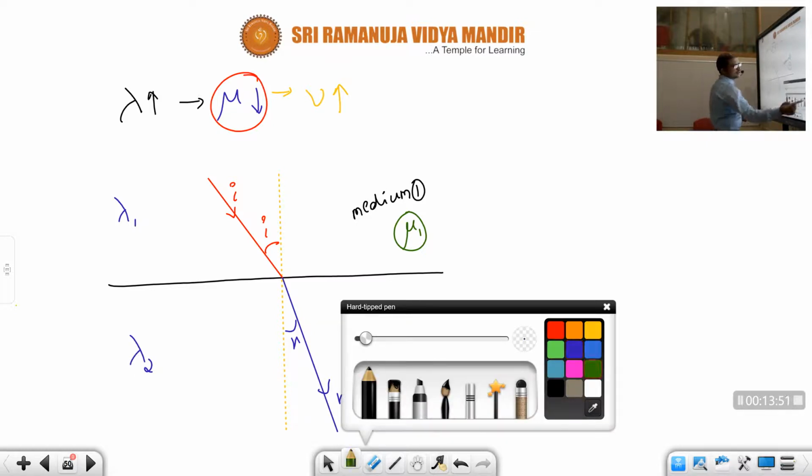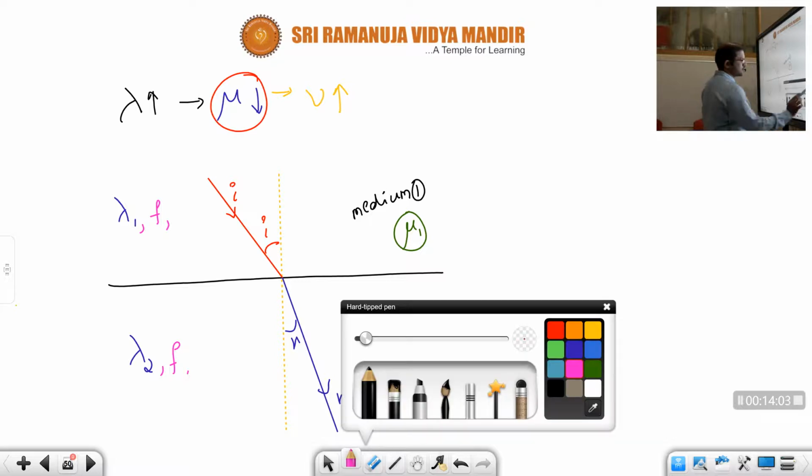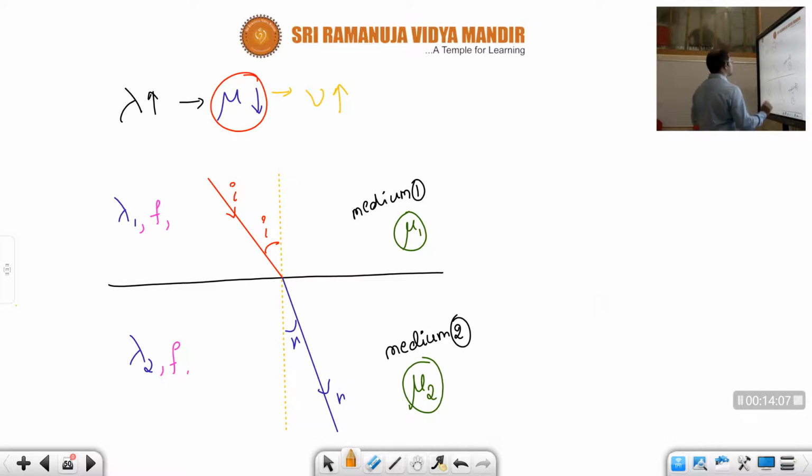As well as let us consider frequency f. Since frequency doesn't change, we are writing only frequency f. Next, speed: let us consider speed v2.